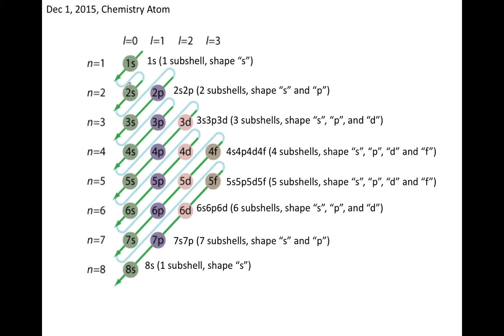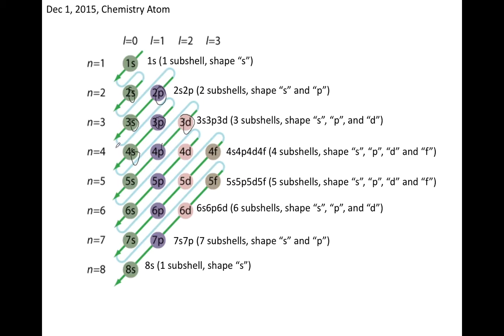In the second energy level, there are 2 subshells: one in the shape of an S, which is a sphere, and another in the shape of a P. When the energy level is equal to 3, we have 3 subshells: S, P, and D. When the energy level equals 4, we've got 4 subshells: S, P, D, F. Same thing for n equals 5. Later, it just starts to go a bit like a triangle.